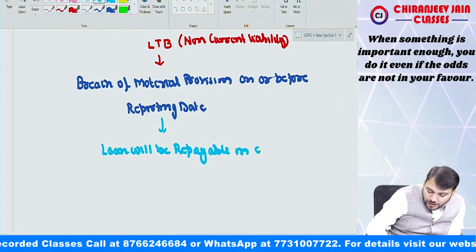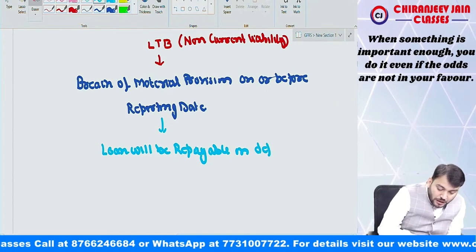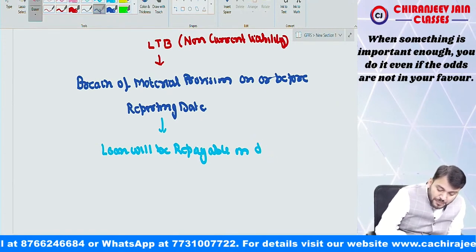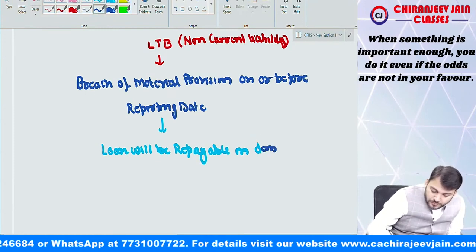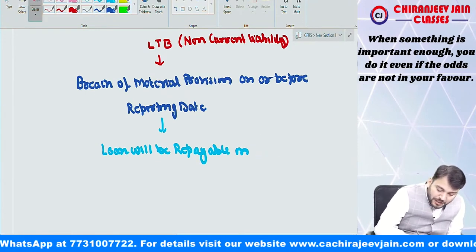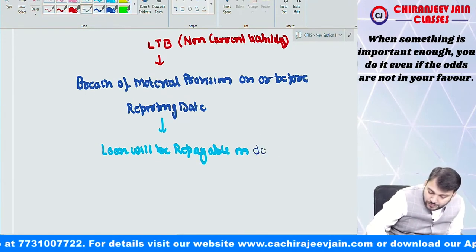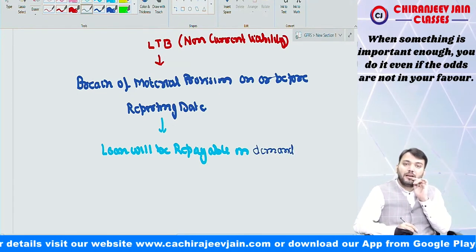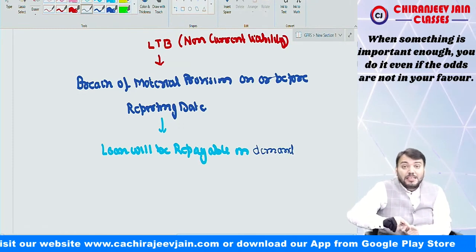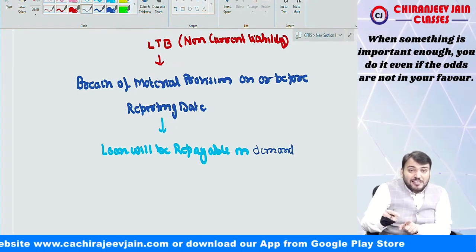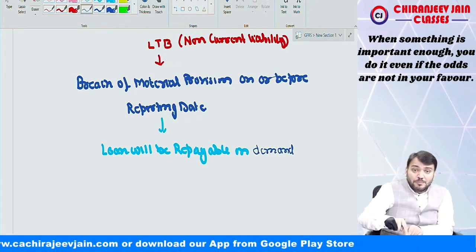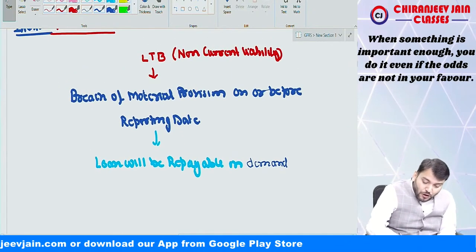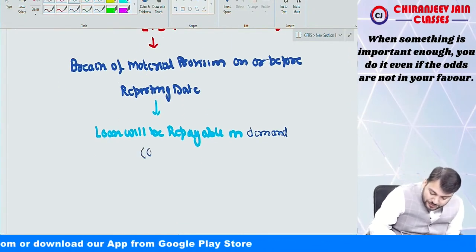So as per the contract, the loan will become repayable on demand. Understood? So when it becomes repayable on demand, as per the definition of current liability, it will be considered as current liability. So non-current liability will become current liability.